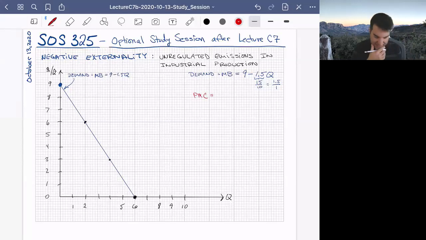Just to make this different, because I haven't done an affine cost curve yet, I'm going to say it is 1 plus 0.5Q. And so that would be a line that starts at 1 here.